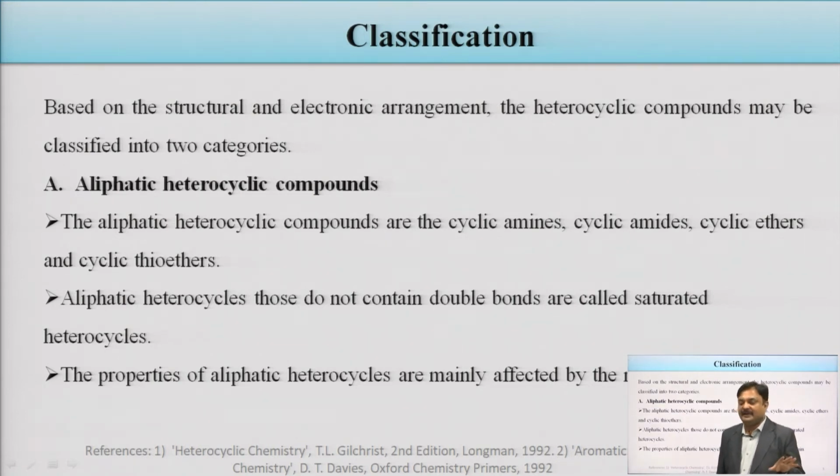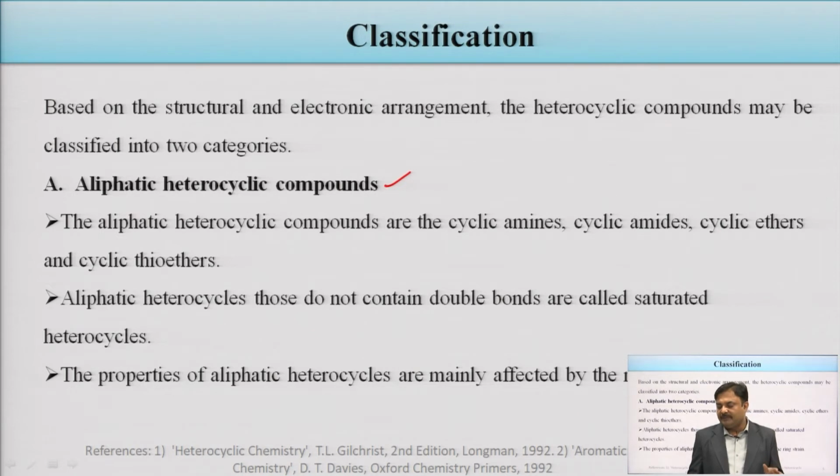The first one is aliphatic heterocyclic compounds. The aliphatic heterocyclic compounds are the cyclic amines, cyclic amides, cyclic ethers and cyclic thioethers. As I told you, tetrahydrofuran and piperidine are examples of aliphatic heterocyclic compounds. Aliphatic heterocyclic compounds that do not contain double bonds are called saturated heterocyclic compounds. Very simple to remember.